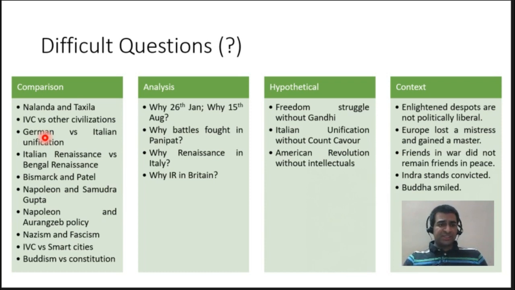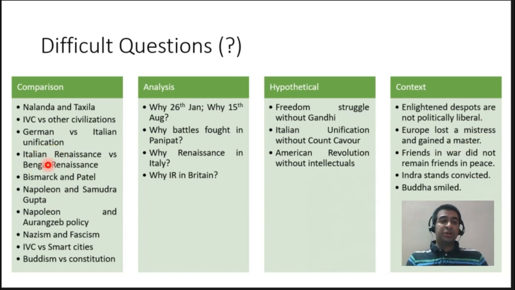Okay. Now, these are some questions which can be asked from history itself. Now, there are some areas where they draw from one topic and try to contrast it with some other topic. For example, see this question: compare and contrast Italian Renaissance with Bengal Renaissance. So here they have tried to compare a topic from world history to a topic in modern Indian history.